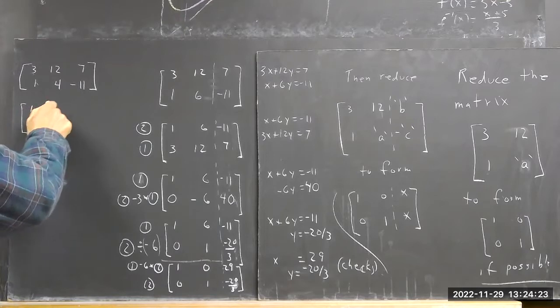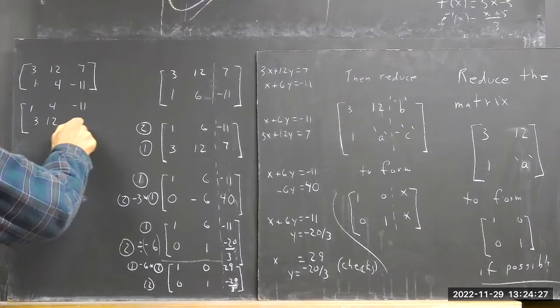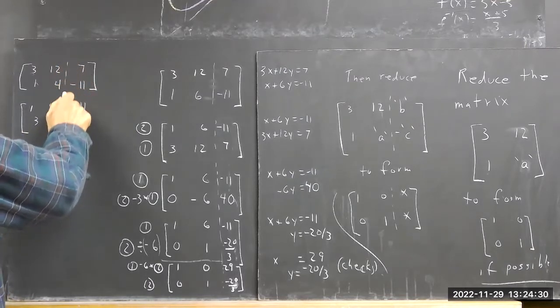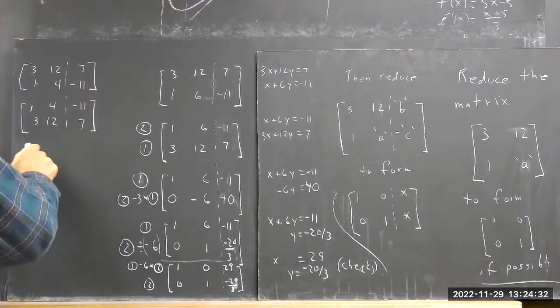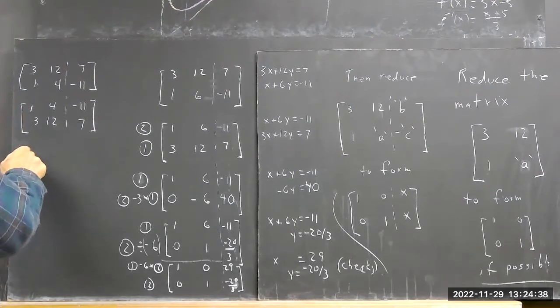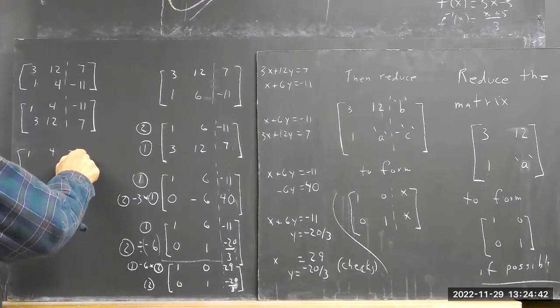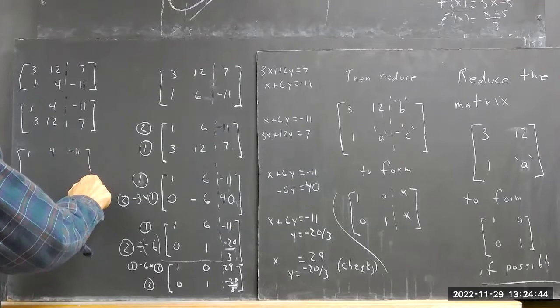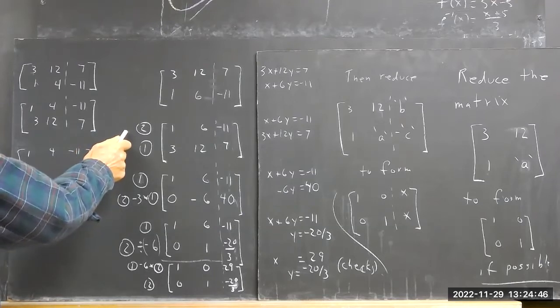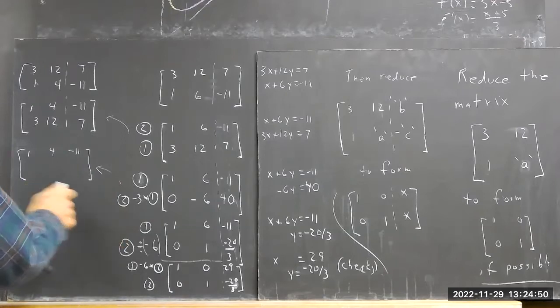So we switch the rows carefully. And then we add 3 times this to this. That gives us 1, 4, negative 11. So I'm using the same operation that I did down here.